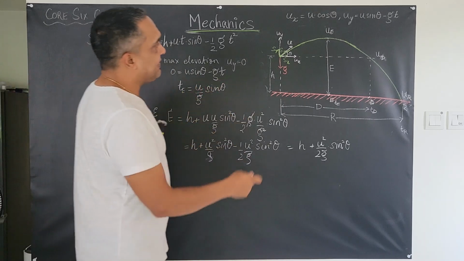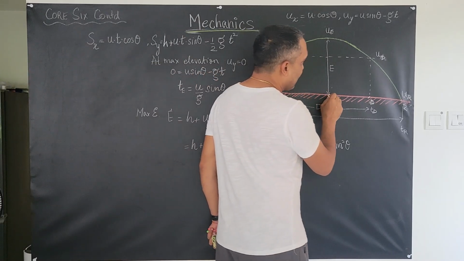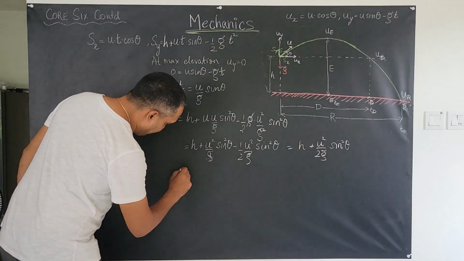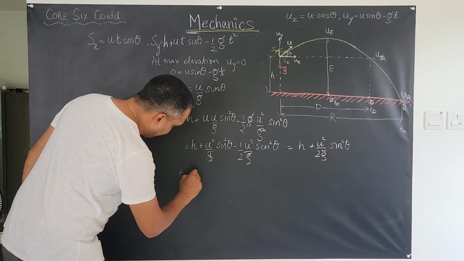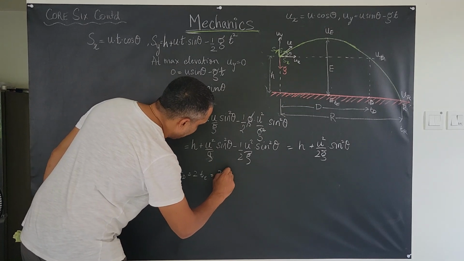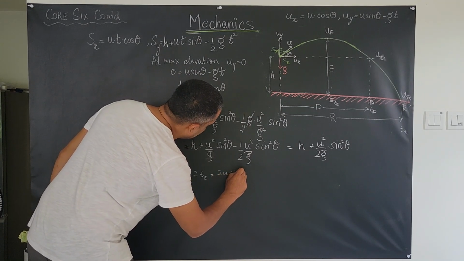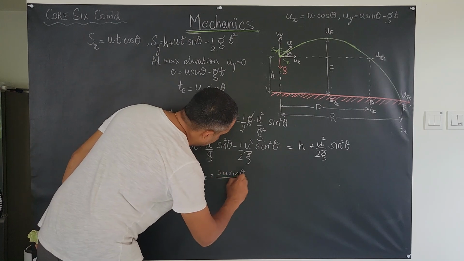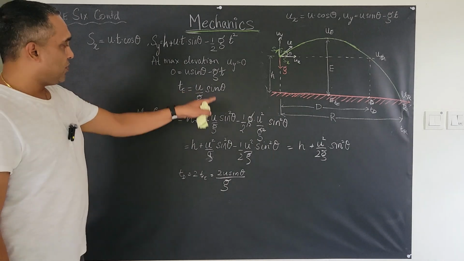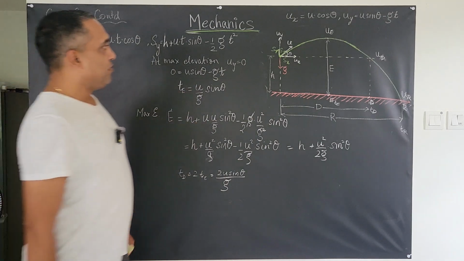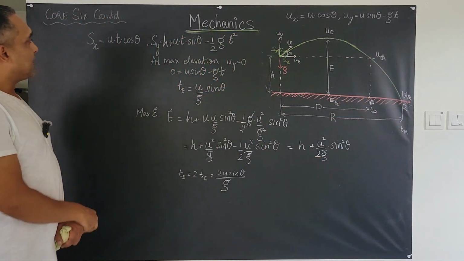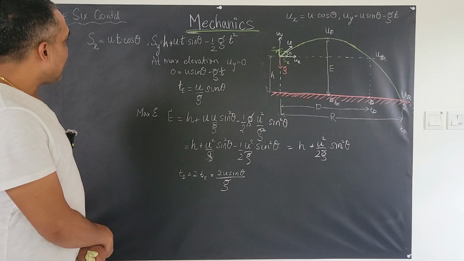So we can safely say that if TE is so much, TD is equal to 2 times TE, which means it's 2U sine theta by G. With me on that? Just twice that. So that would be the time for the object to come back here. I'm getting somewhere, am I not? Wow, this looks good.